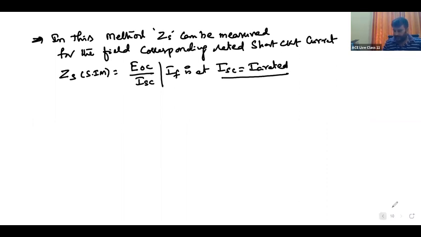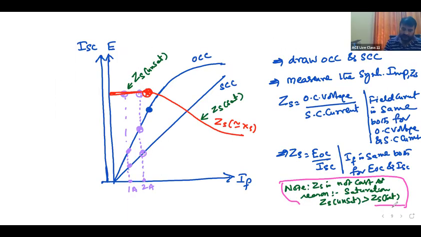Coming back to our diagram, you know your current. For example, this is our rated current. ISC is equal to IA rated.